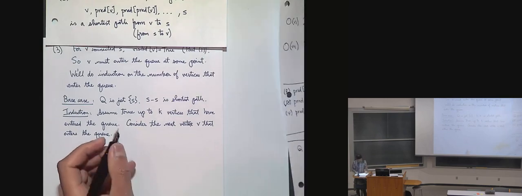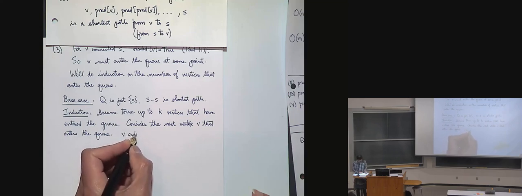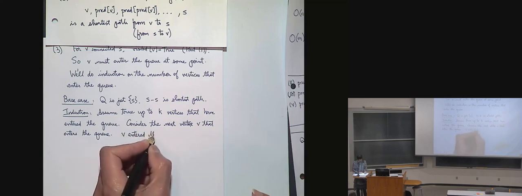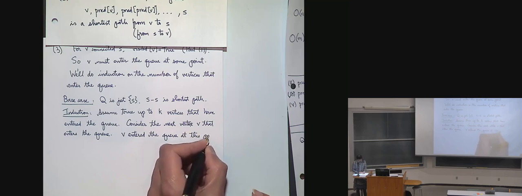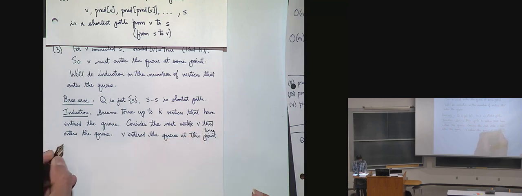So consider the next vertex that enters the queue, V. V entered the queue at this point, or maybe at this time, because, so I'm going to write down a few things.